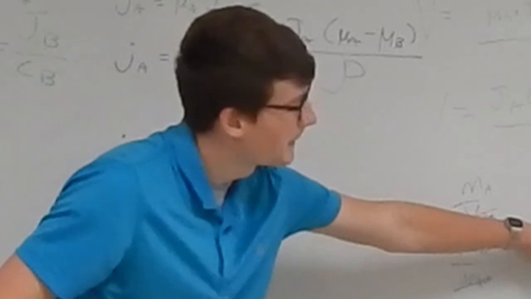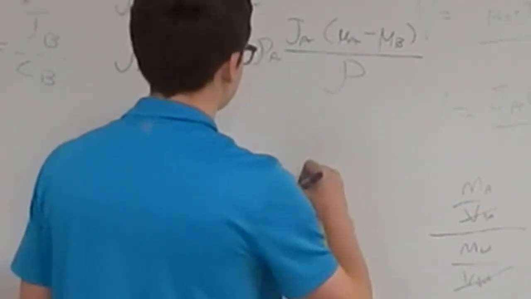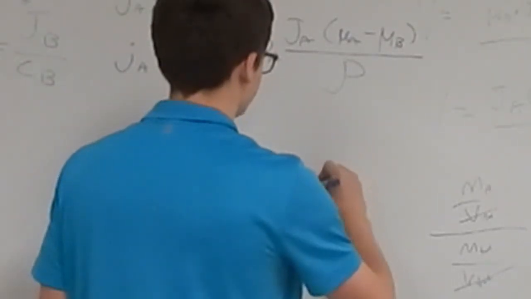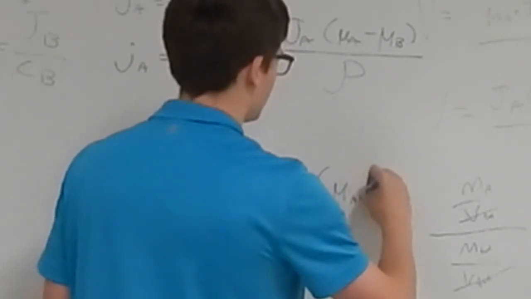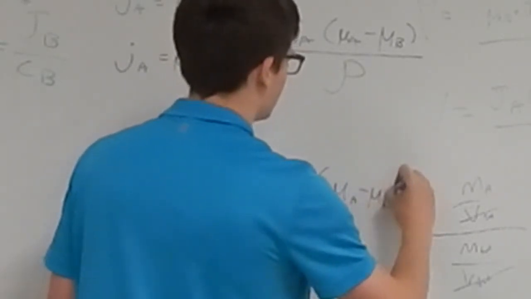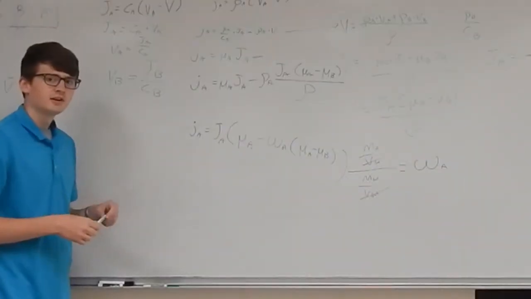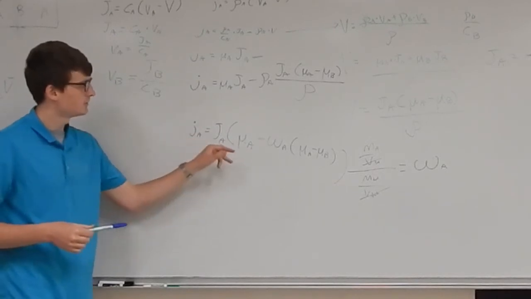Minus, remember, the mass fraction of A times the molecular weight of A minus the molecular weight of B. I should add another parenthesis just for thoroughness. And look at that. So this describes the relationship between mass diffusion flux and molar diffusion flux.